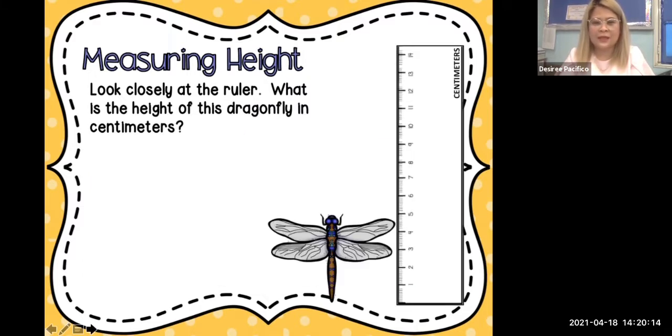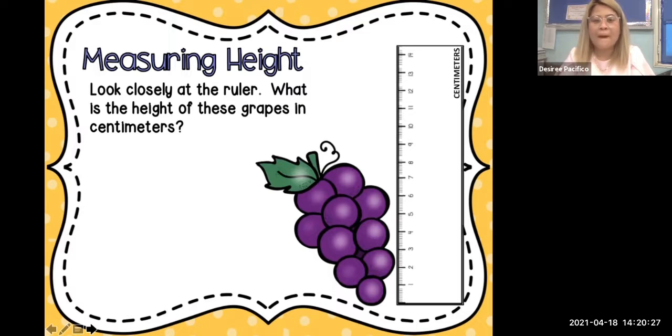Now let's measure the height of a dragonfly in centimeters as well. It is 5 centimeters. Now let's have the height of the grapes in centimeters. It's 9 centimeters.